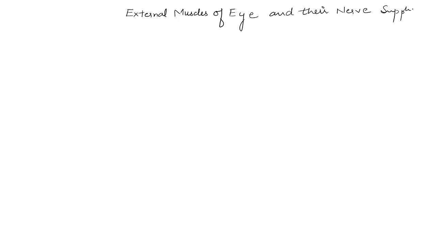Now we are going to discuss the external muscles of the eye and their nerve supply. There are six extrinsic muscles which are attached to the eyeball.